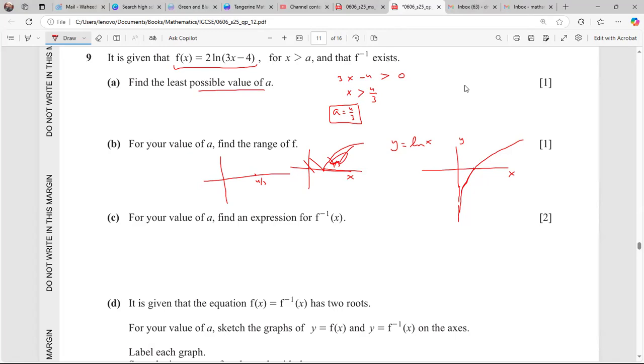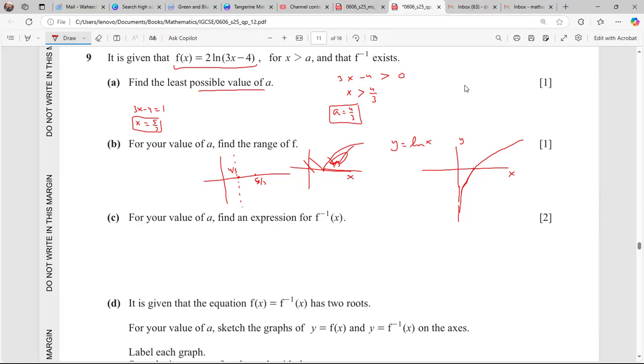When 3x minus 4 is equal to 1, that means x is equal to 5 by 3. So that's the point where it is crossing the x-axis. Let me call this point 5 by 3, and 4 by 3 is somewhere here. So 4 by 3 is the asymptote.